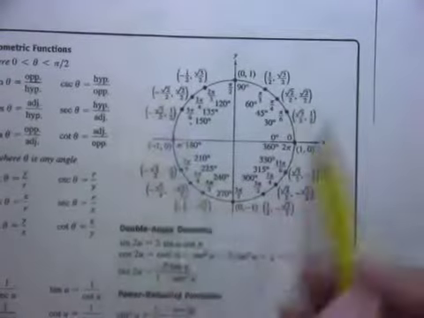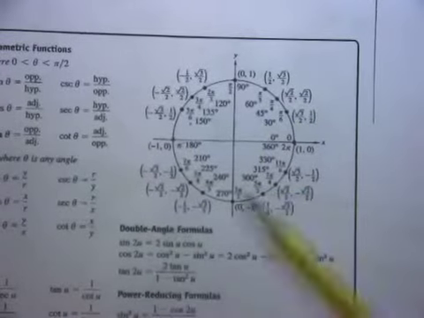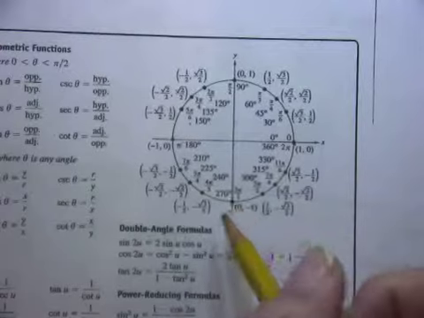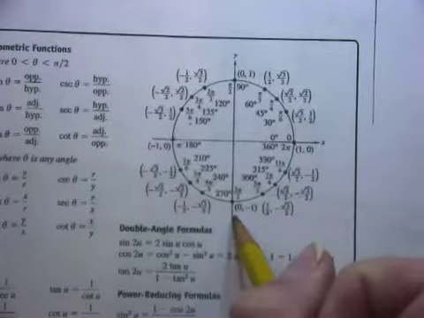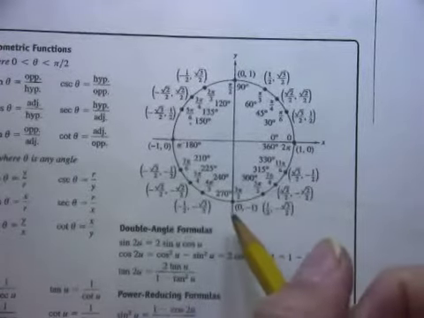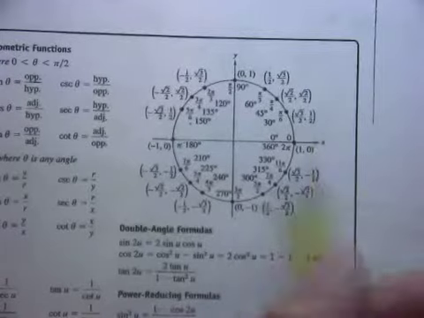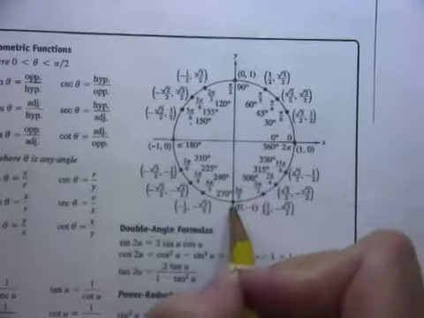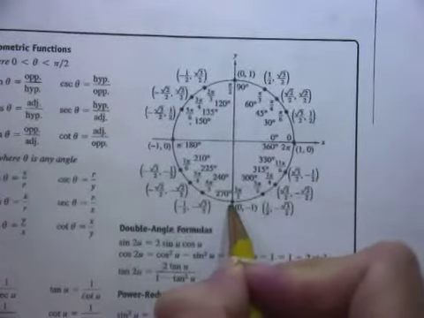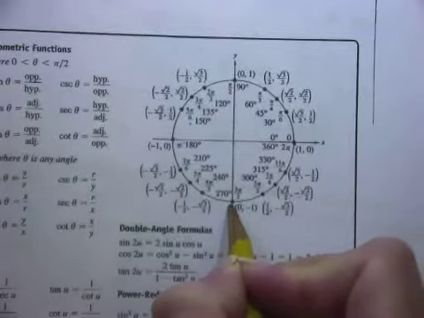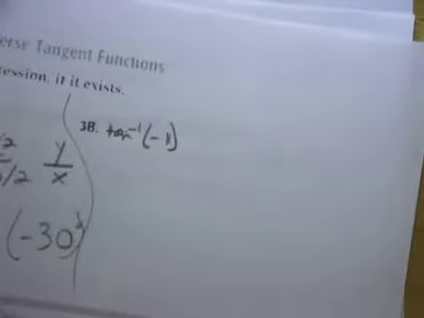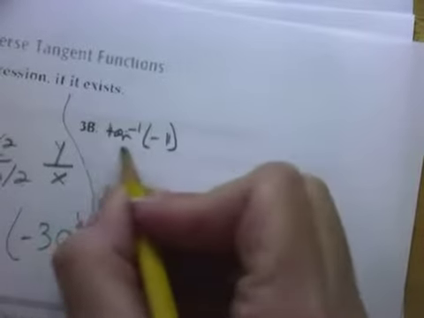The cosine, you don't have a problem with that because your domain is 0 to pi, and 0 to pi are values that are on your unit circle. The accepted domain for sine and tangent is negative pi over 2, and you don't visually see a negative pi over 2, and you have to start making the connection that this 3 pi over 2 is equivalent to negative pi over 2.